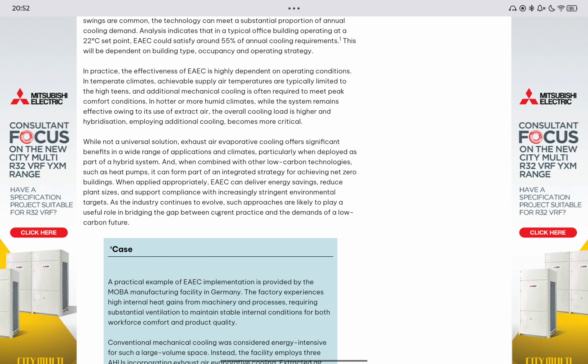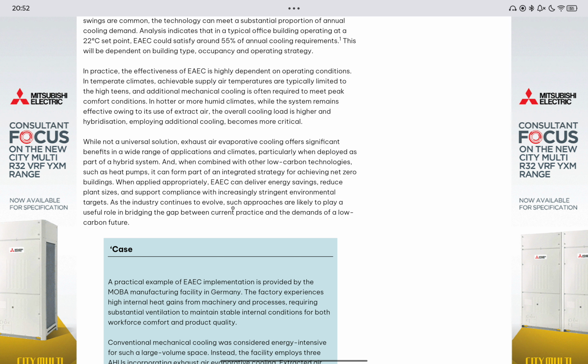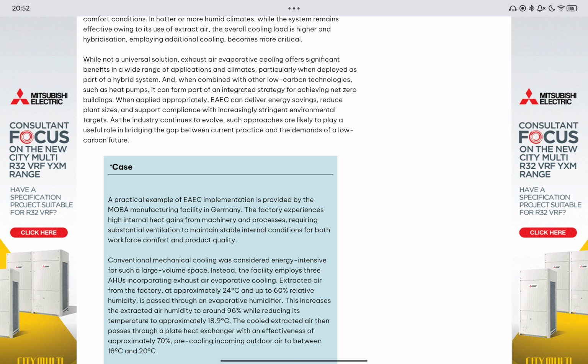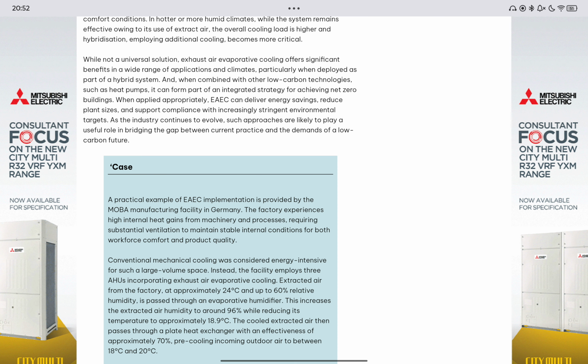While not a universal solution, exhaust air evaporative cooling offers significant benefits in a wide range of applications and climates, particularly when deployed as part of a hybrid system. And when combined with other low-carbon technologies such as heat pumps, it can form part of an integrated strategy for achieving net zero buildings.